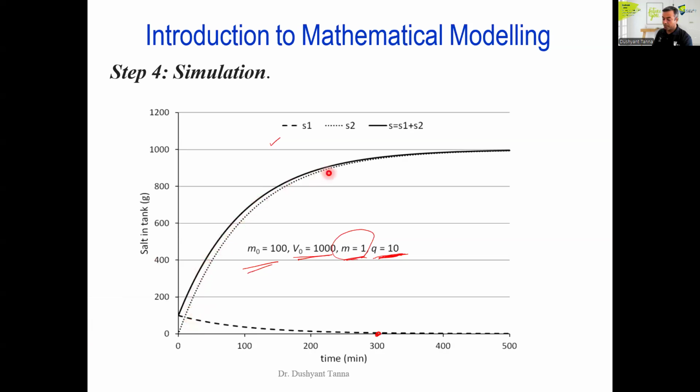At some point here, roughly around 300, it almost aligns, and they are almost the same. So the fresh salt water is increasing as time passes. The combined S is inflow minus outflow. So as you can see, 300 is occupied by the new salt water as the original, or the old, is flushing out. Okay.